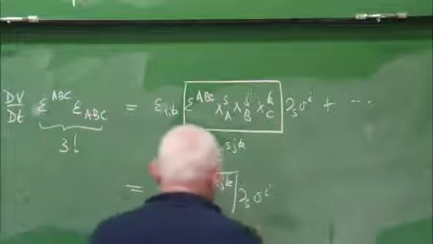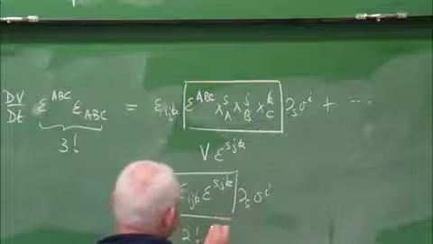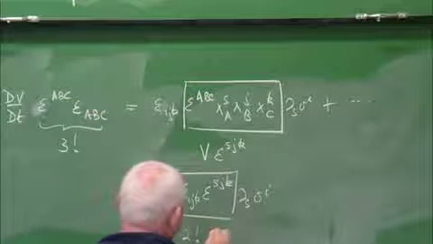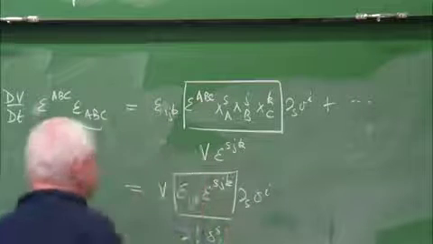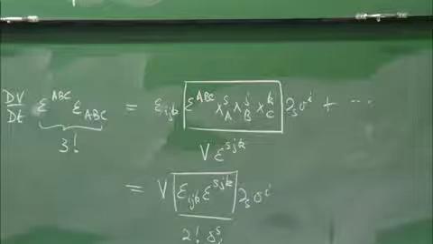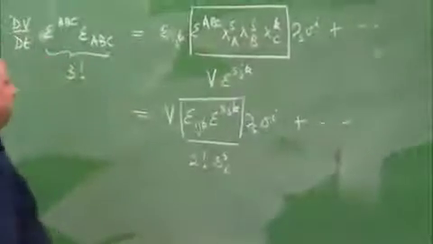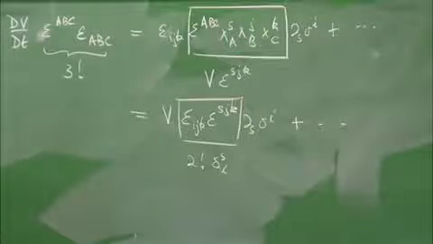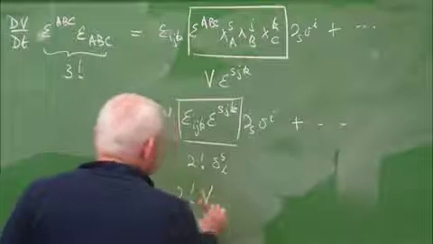And the epsilon summed over two indices gives you 2 factorial delta S I. And so here I get 2 factorial times V.